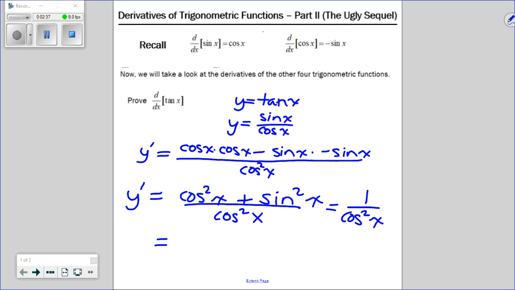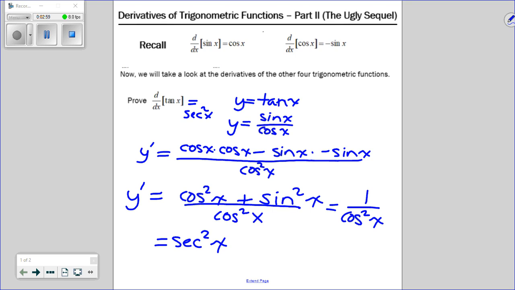So that means 1 over cosine squared of x would equal secant squared of x. And that actually ends up being the derivative of tangent. The derivative of tangent is equal to secant squared of x. But that's how you can come up with it, just using trig identities and the quotient rule.